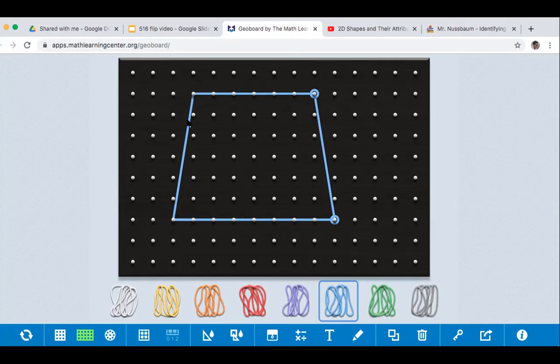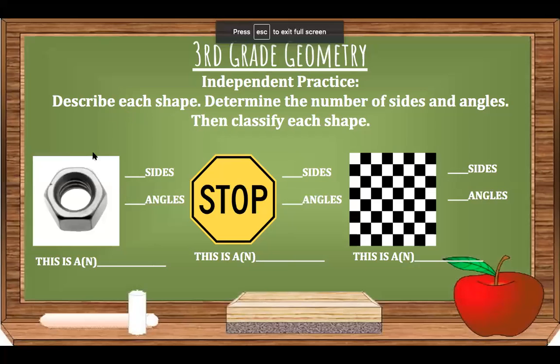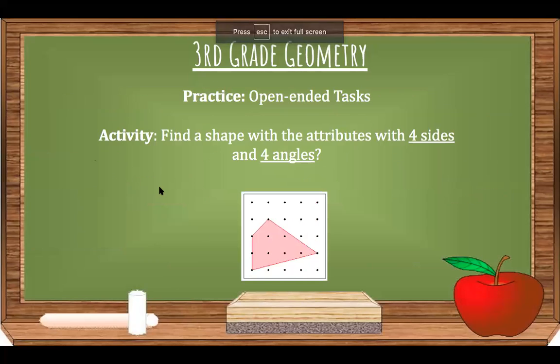Do I have 4 angles? 1, 2, 3, 4. I do. So you can get creative and create your own shape as long as it has 4 sides and 4 angles. And again, the attributes we're looking for are 4 sides and 4 angles. You could always go back to this resource when you want to create your own shapes.